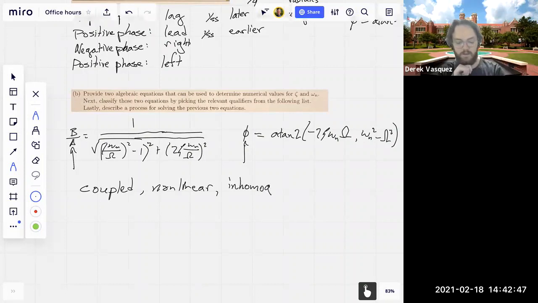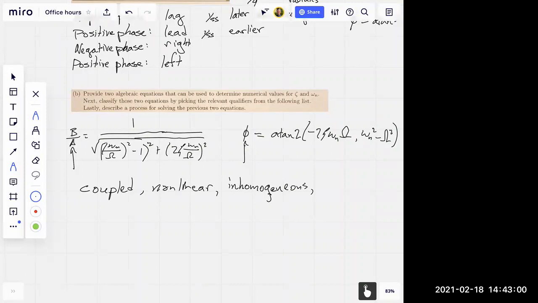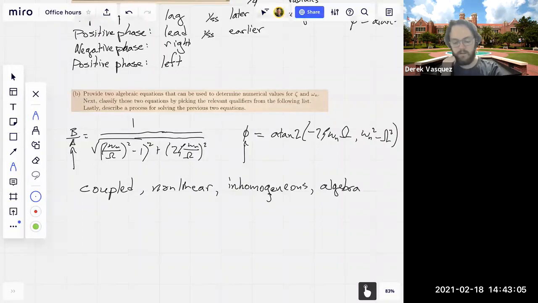Inhomogeneous, thank you. And there we go. Yes. And then algebraic or differential? Algebraic? That is exactly right. Thank you very much. So there's no derivatives in here.